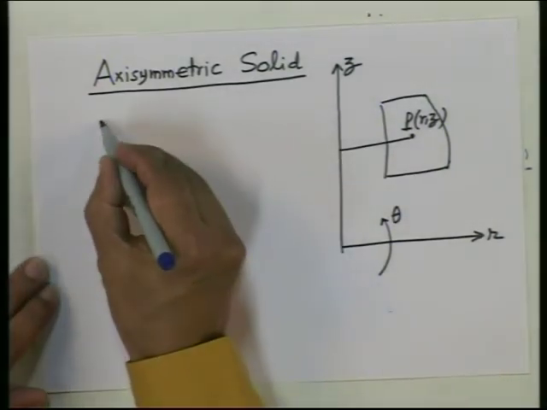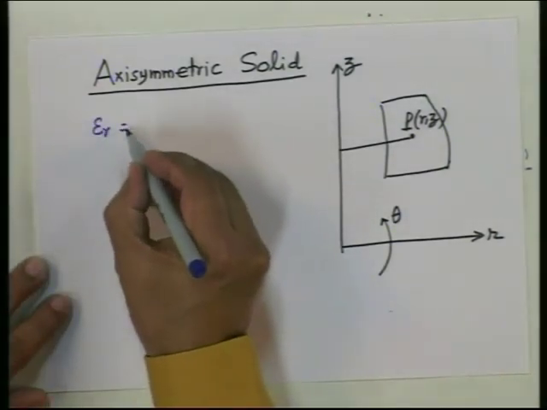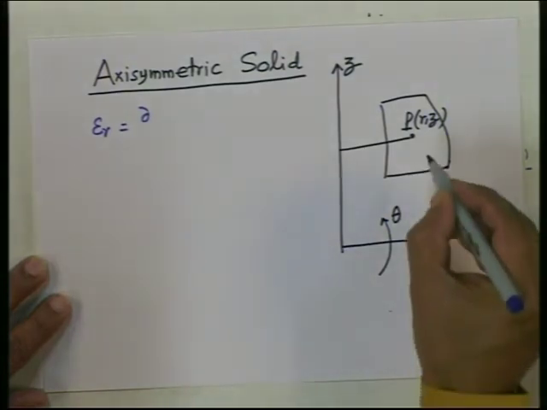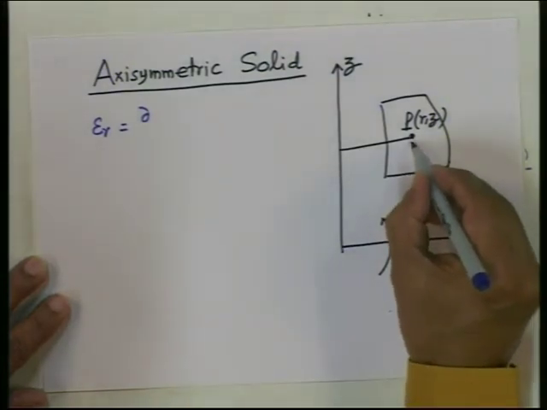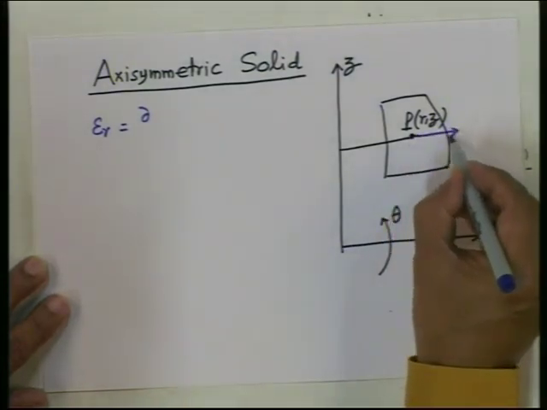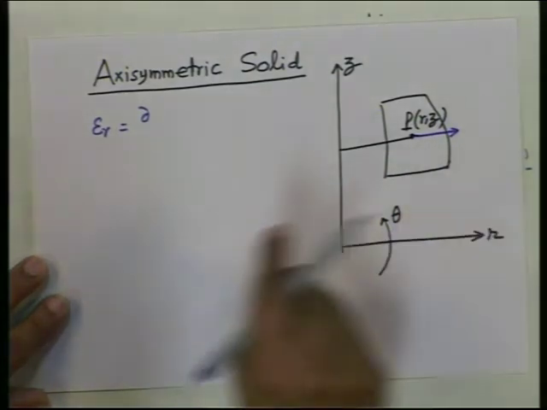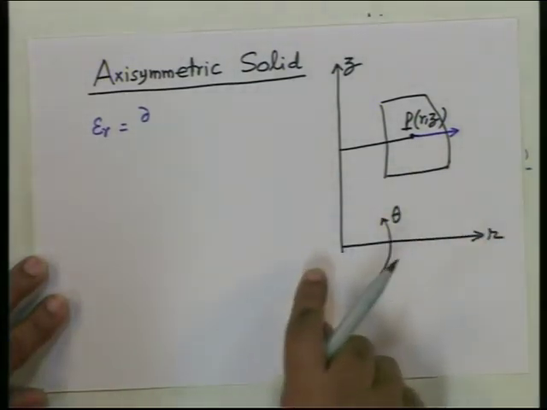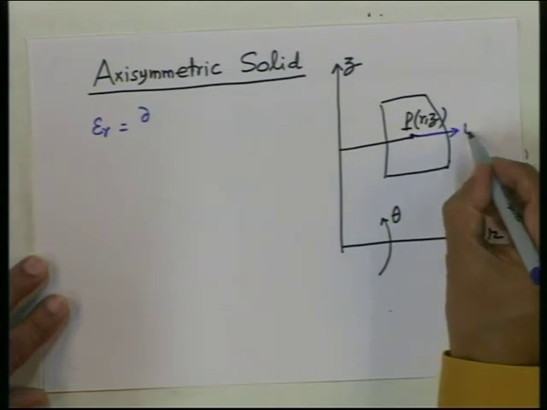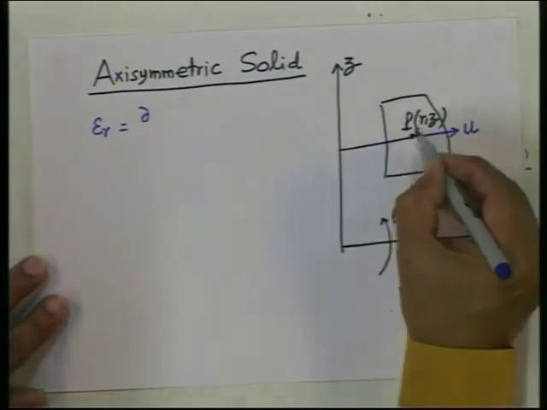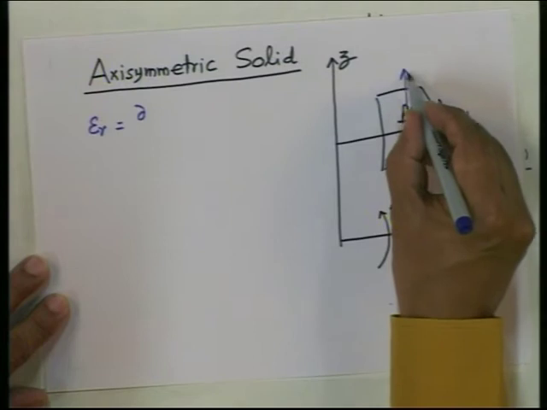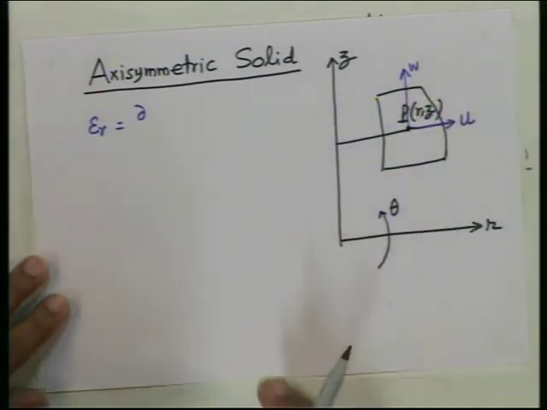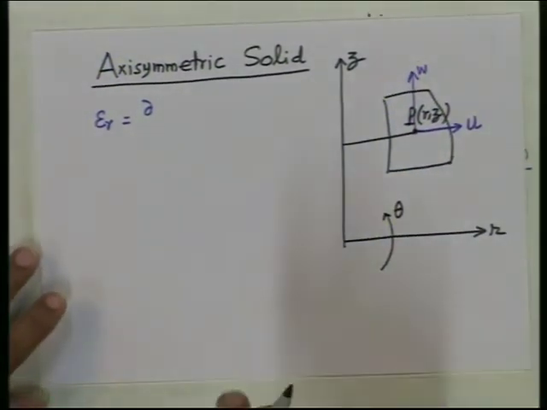How are the strains given? Here epsilon r, for example, any point P here can move in the r direction. So, let us call that u. It can also move in this direction. In the plane, it can always move, but not out of the plane.